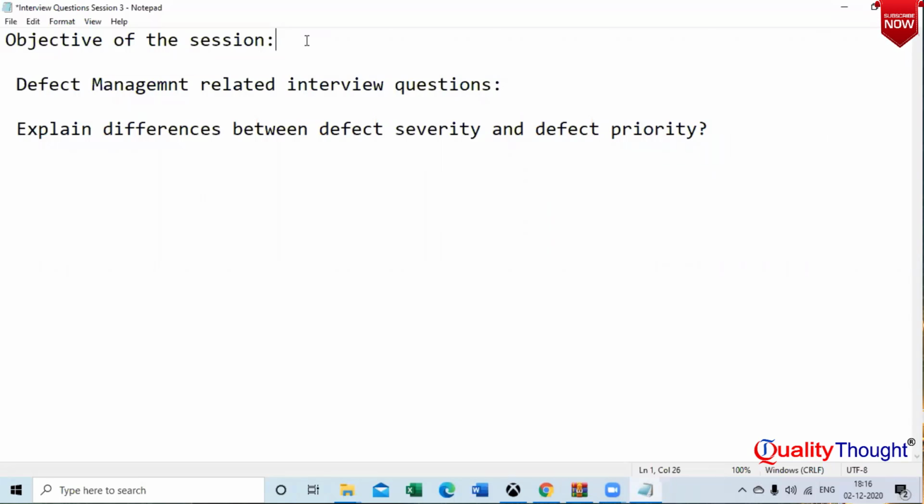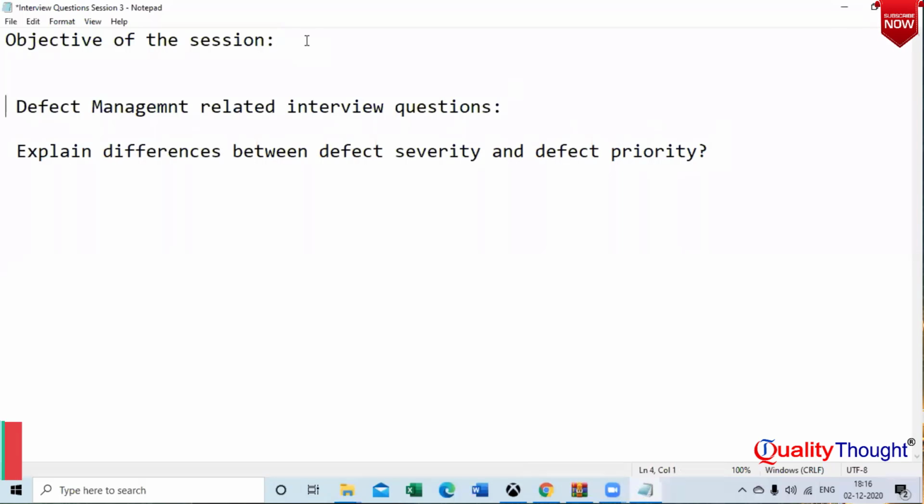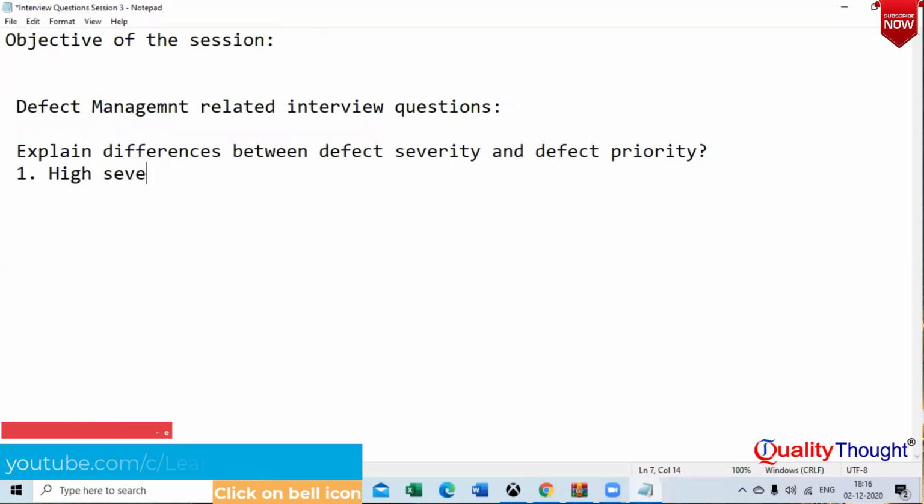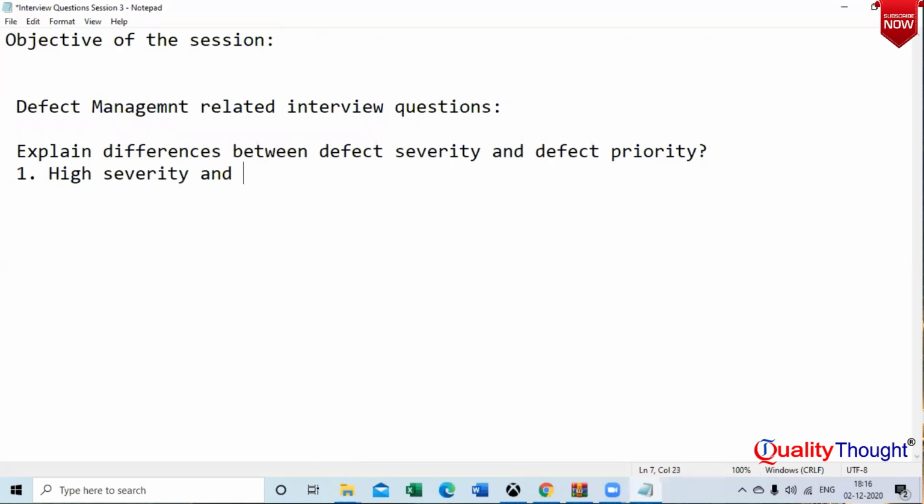And especially the interviewer's main focus would be on: give examples for high severity and low priority, high priority and low severity.